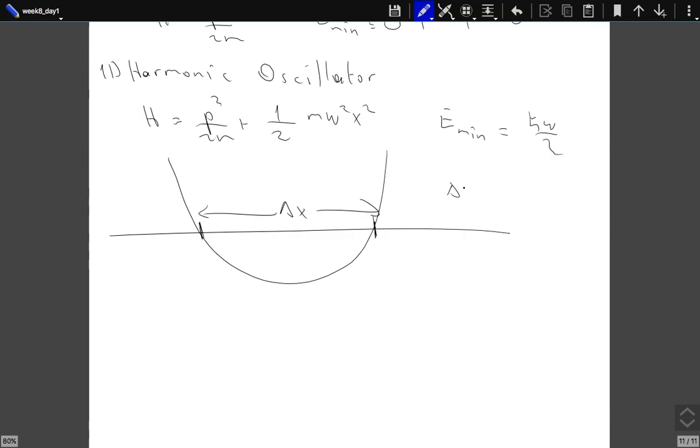So delta x is not infinite, so delta p should be larger than 0. So the particle should always have some momentum. So this is one of the main distinctions between the free particle and the harmonic oscillator.